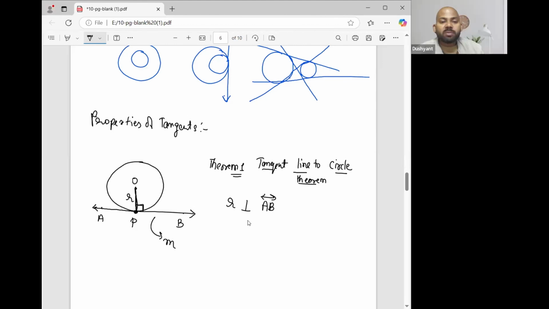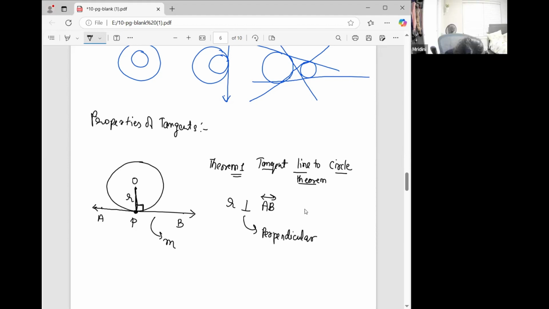This means perpendicular. Perpendicular means 90 degrees. So O to P, that is my line segment OP, the radius, should be perpendicular to AB. Clear? Okay.